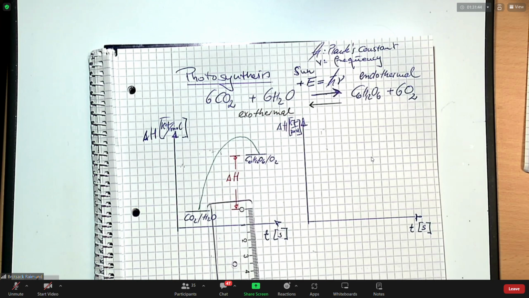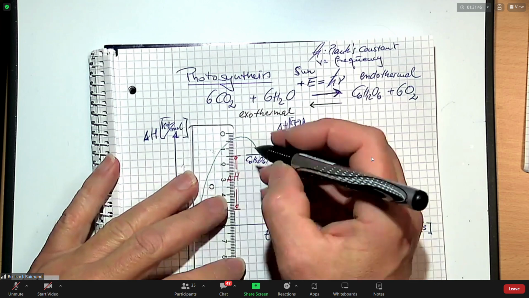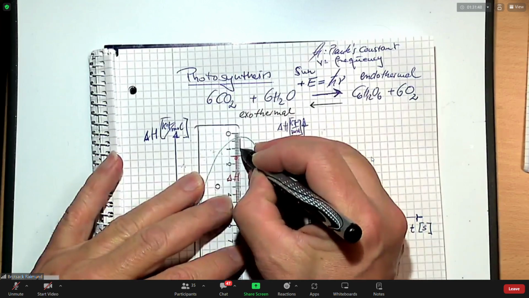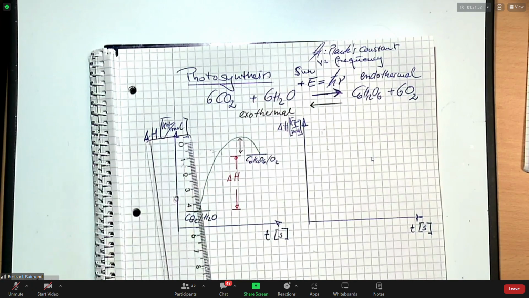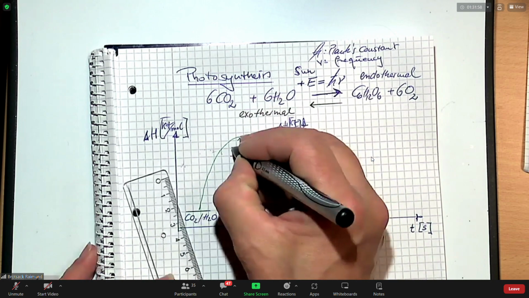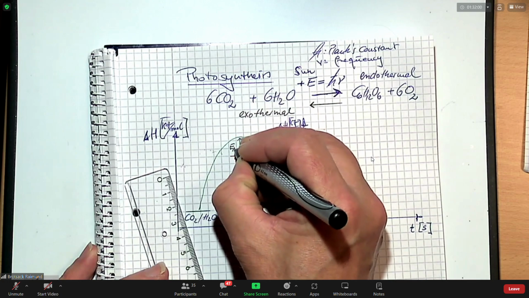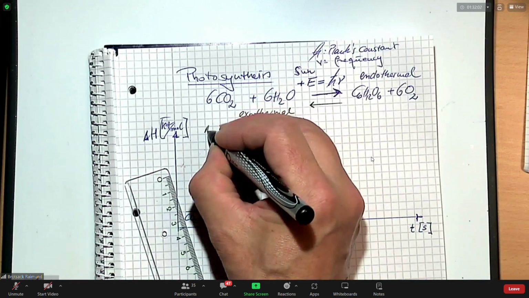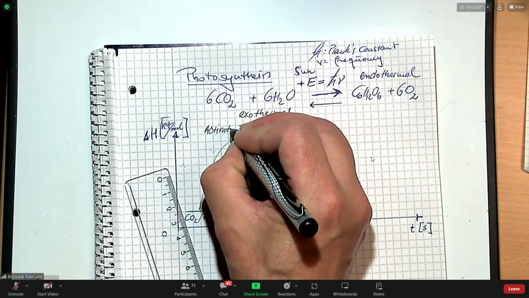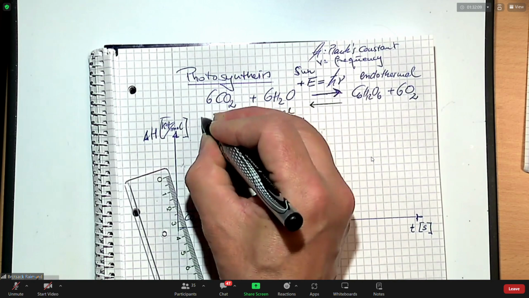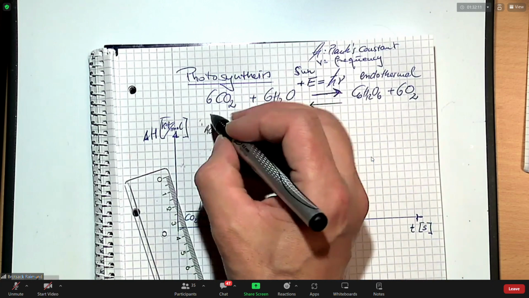Reality sometimes is not so simple because we have here an add-on. And this is what we call the activation energy. So EA is the activation, the energy for activation.